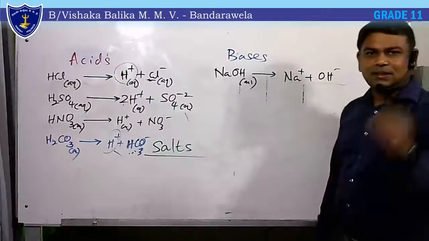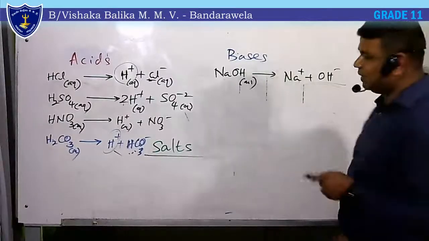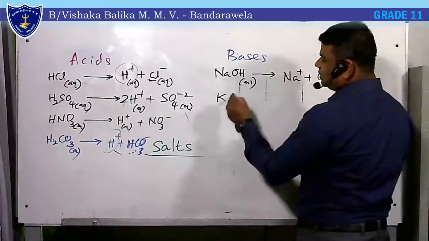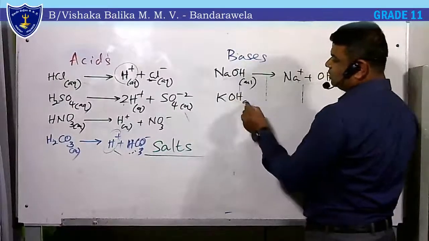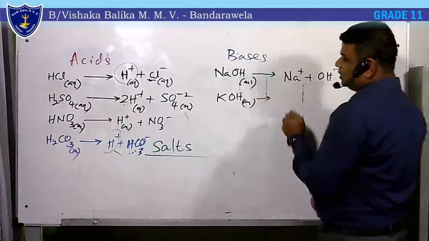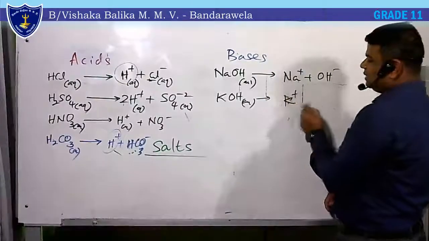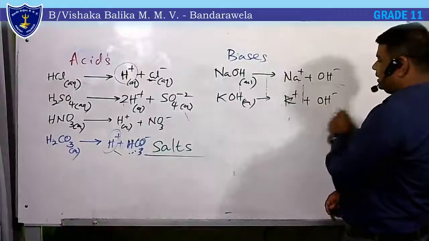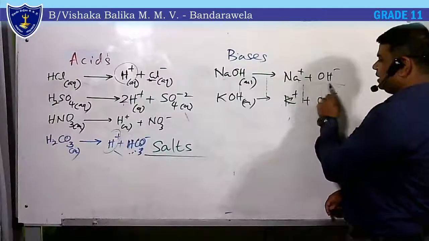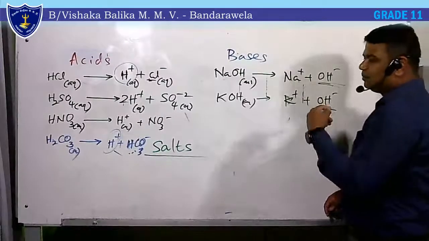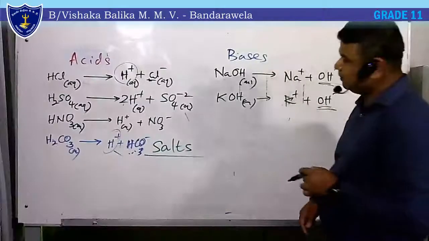Therefore, it is a strong base. Second one, potassium hydroxide. Potassium hydroxide, another strong base, releases potassium ions, K plus ions, and OH minus ions. Again, this time also it has released the hydroxyl ions completely.